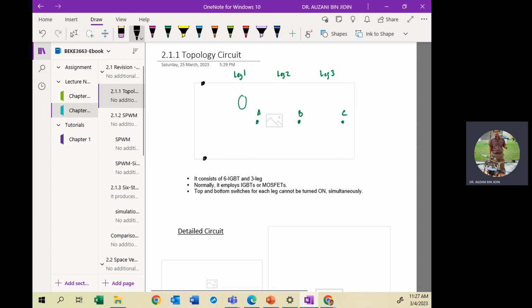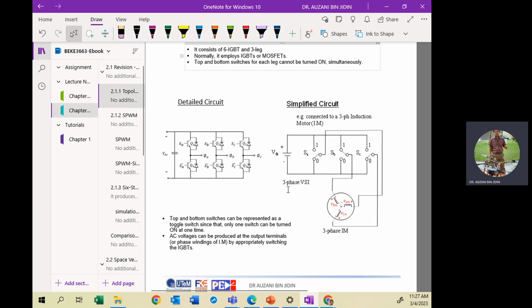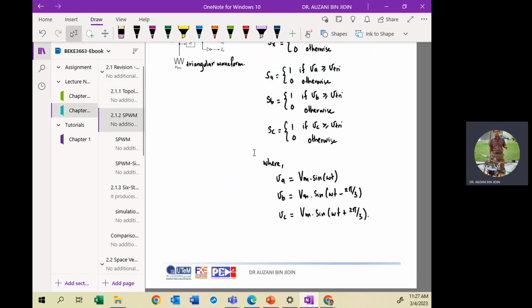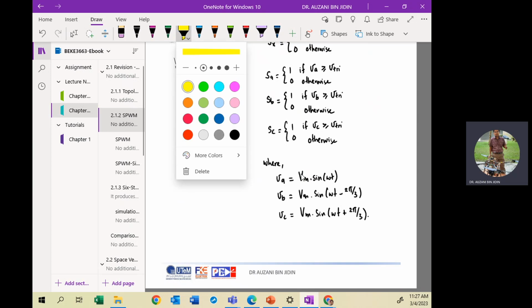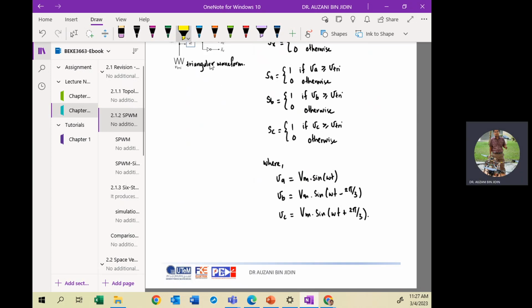Please refer to the equation that I provide here. You notice here is VM, the peak of the modulating signal. These three signals we consider as a balanced voltage waveform, because they have the same amplitude, same peak value, same frequency, but they must differ in phase by 120 degrees.